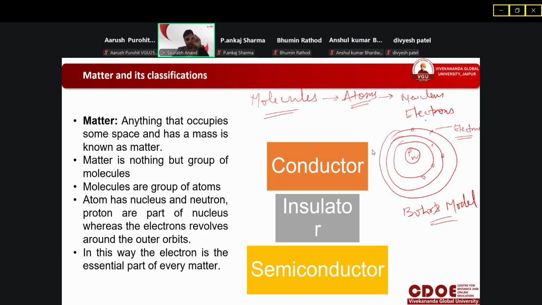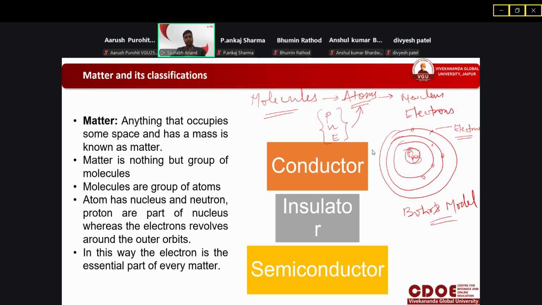Inside the nucleus, he saw protons and neutrons. So the three basic elements making one atom are protons, neutrons and electrons. Protons and neutrons are in the center, the nucleus, and electrons move around the nucleus in circular paths, the orbits.